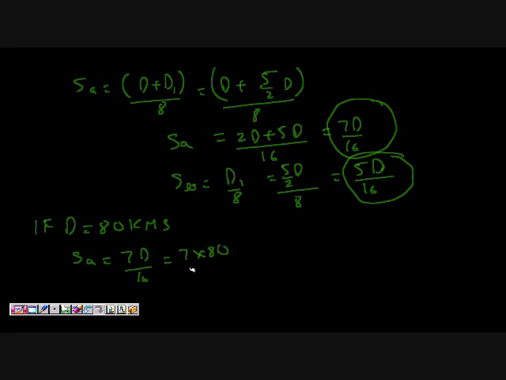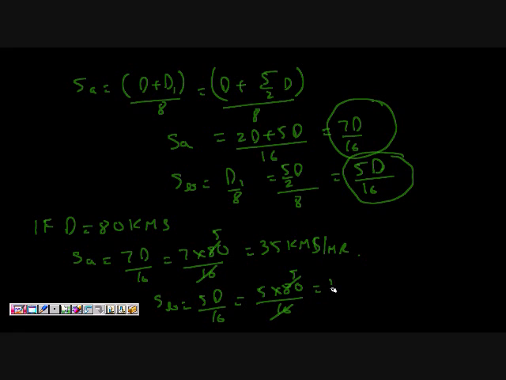That's 35 kilometers per hour. Similarly, speed of B is equal to 5D by 16, which is 5 into 80 divided by 16, is 25 kilometers per hour. So we have S of A equal to 35 kilometers per hour, and S of B is 25 kilometers per hour.